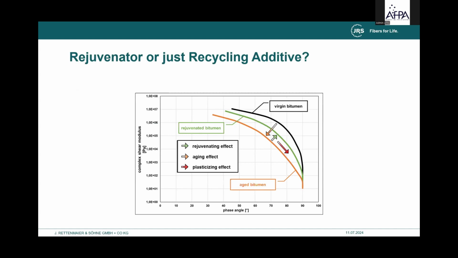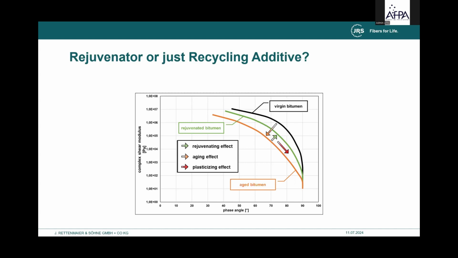To give you an idea how to differentiate between rejuvenators and recycling agents, I'm using the black diagram. The virgin binder is the black curve. Once this virgin binder gets aged, it turns into the orange curve: the complex shear modulus goes up and the phase angle goes down.